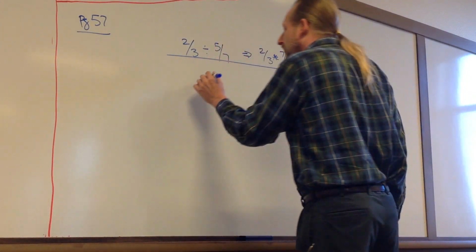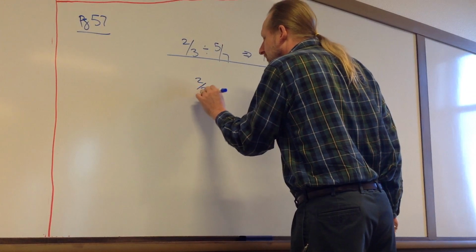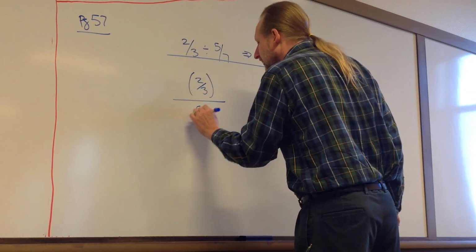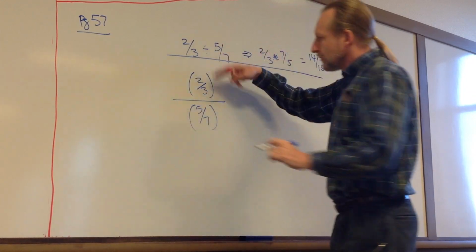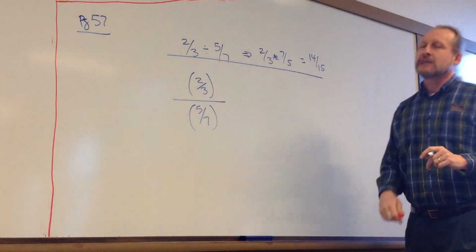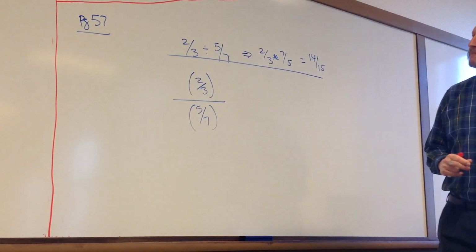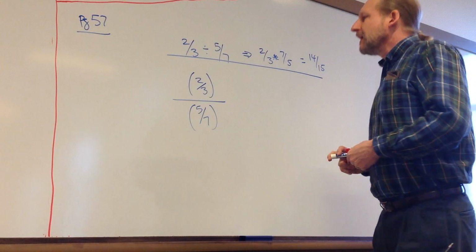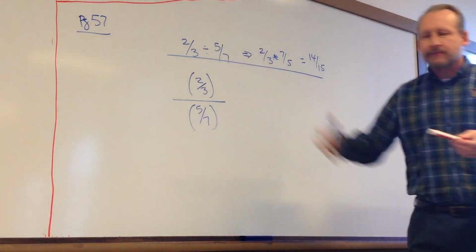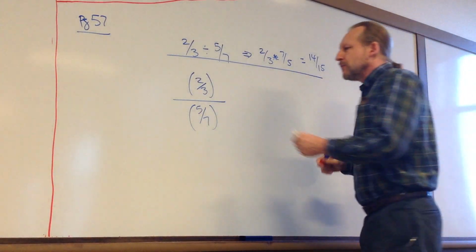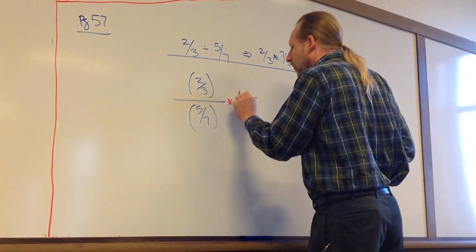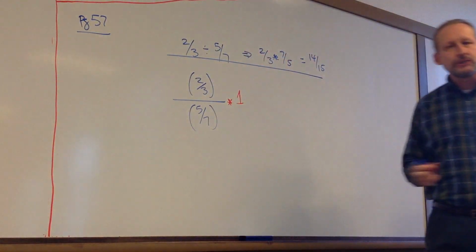So this division problem, we could actually write it like this: 2/3 divided by 5/7. That's the first step. Now that we've got a fraction here, we can multiply this by 1 and not change its value.